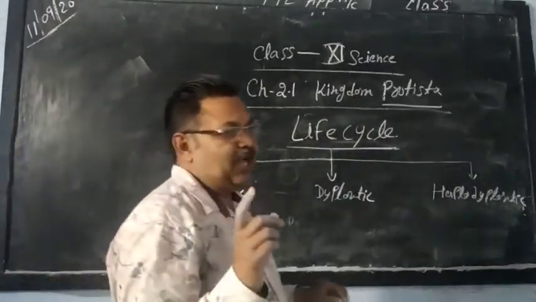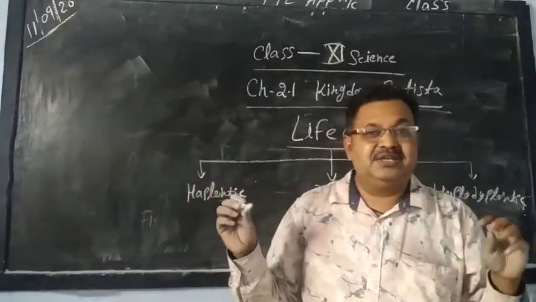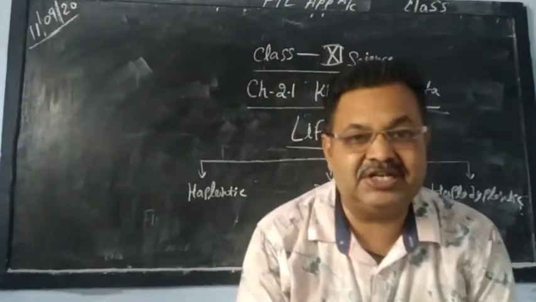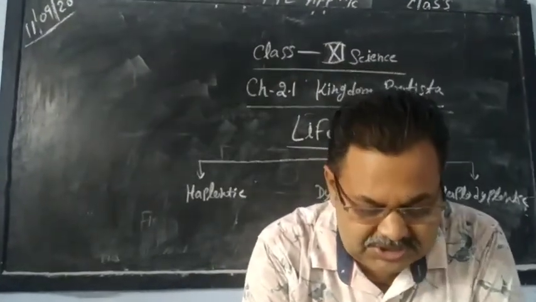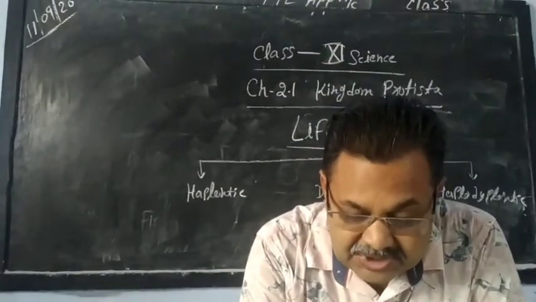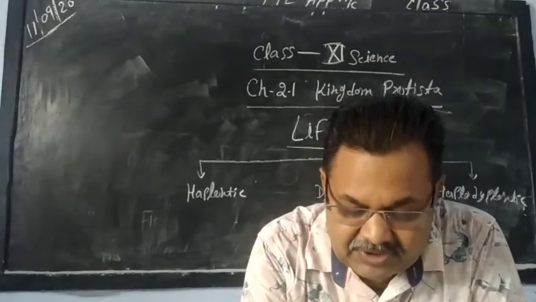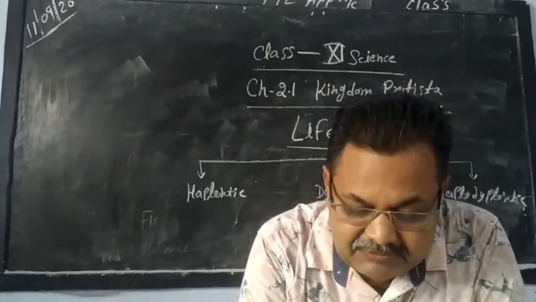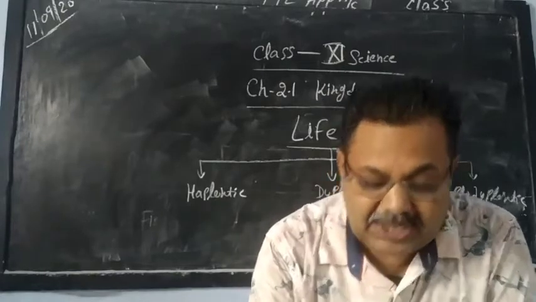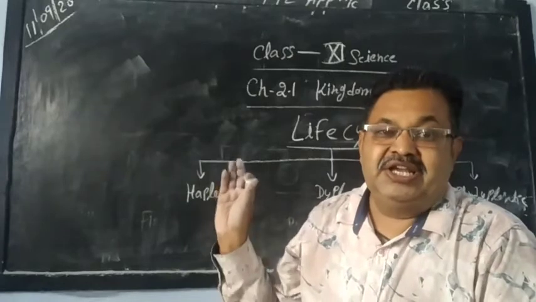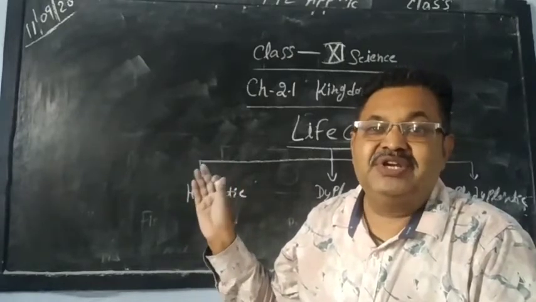In haplontic life cycle, it has haploid type of cells. It means that the number of chromosomes is haploid. So this type of life cycle is known as haplontic type of life cycle. It has isogametes. Iso means same. So the same type of gamete takes place in haplontic type of life cycle.